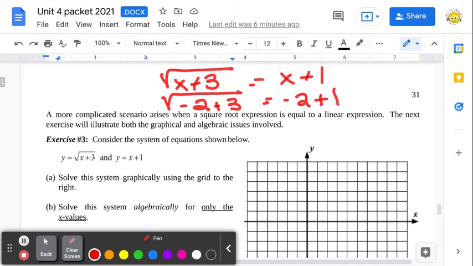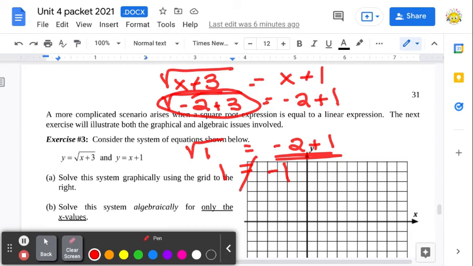What happens is this right here becomes square root of 1 equals -2 plus 1. And the square root of 1 is 1, but -2 plus 1 gives us a -1. It's not true. So that's why we have an extra answer.